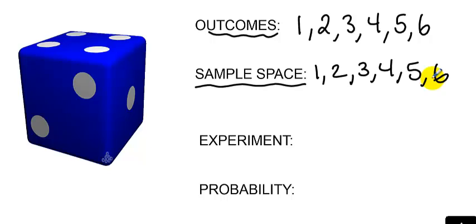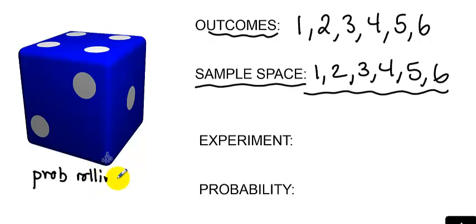Now, you may be wondering, well, why do we have two different words for the same thing? The sample space are all the different ones. The outcome is specific to whatever the question's asking. So if I'm asking, what is the probability of rolling a 1? The outcome that I'm specifically looking at is 1.